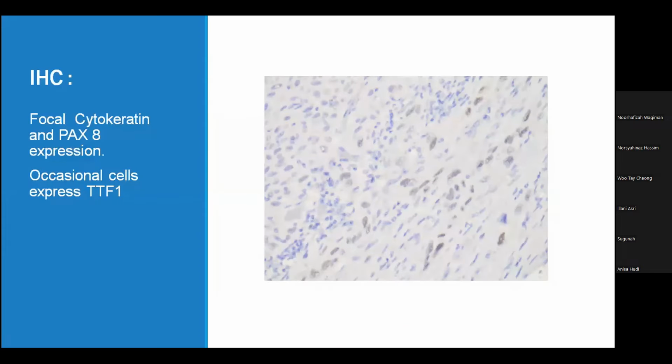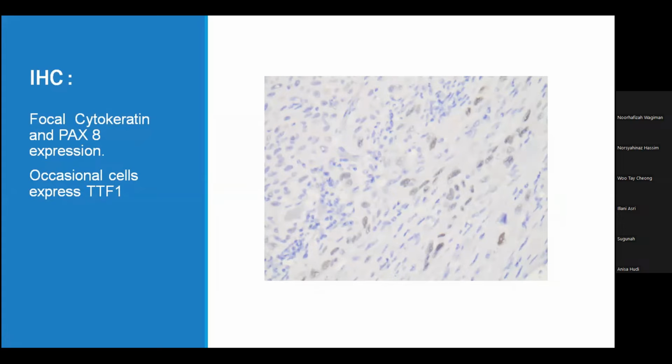All right. On our immunohistochemistry, there is focal PAX8 expression. Sorry if the picture did not turn out so great, but this is the focal PAX8 expression. And then some occasional cells were expressing TTF1.